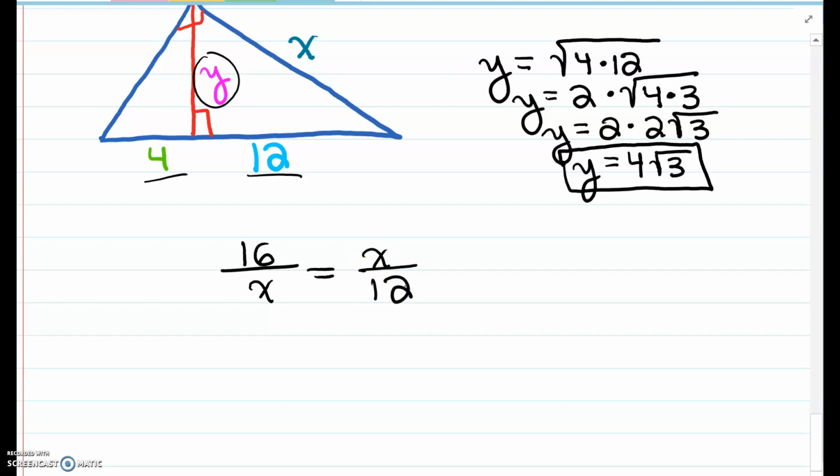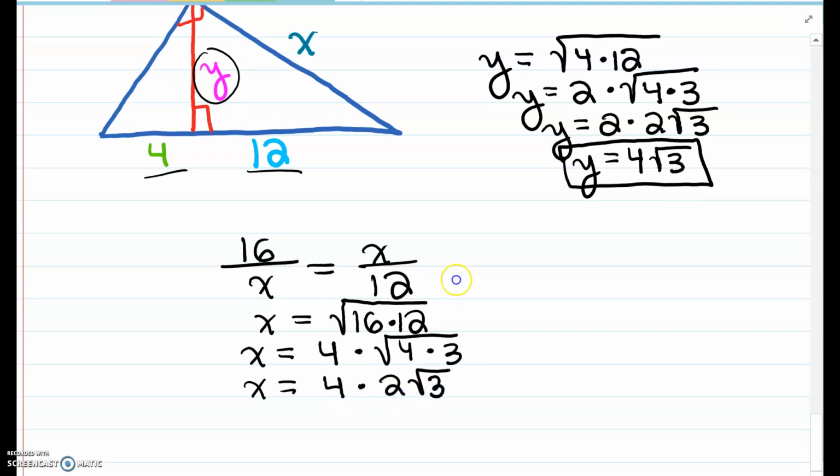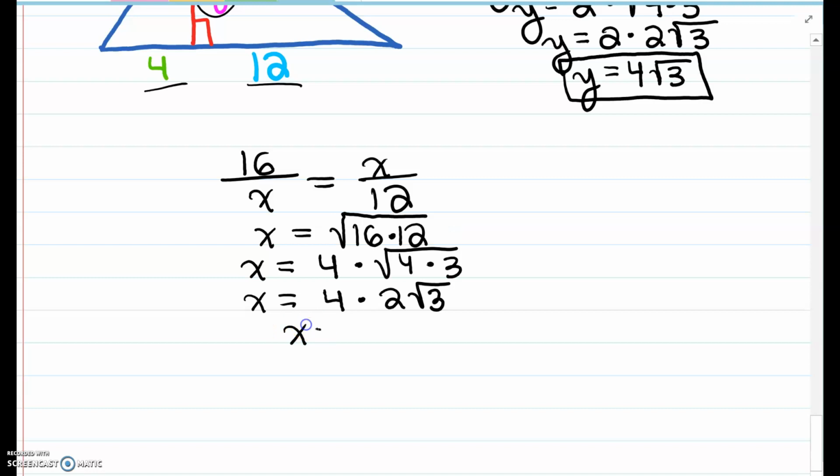We get x equals the geometric mean of 16 times 12. The square root of 16 is 4, and we break up 12 into radical 4 times 3, and x equals 4 times 2 radical 3, and our final answer is x equals 8 radical 3.